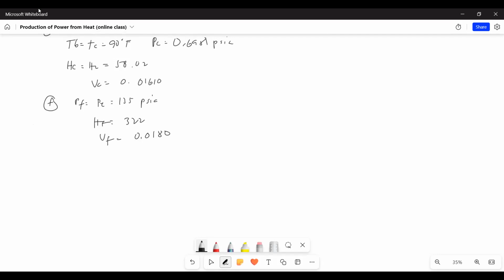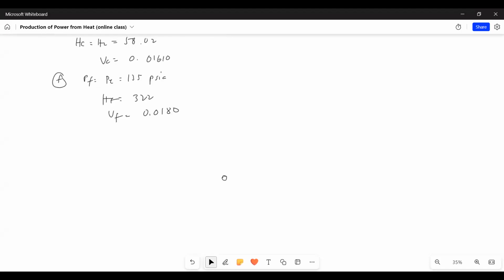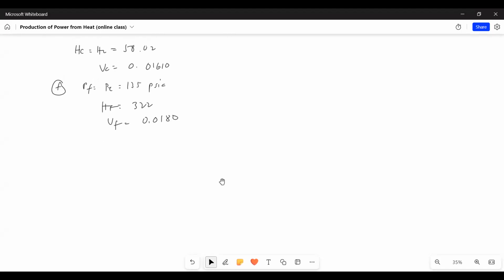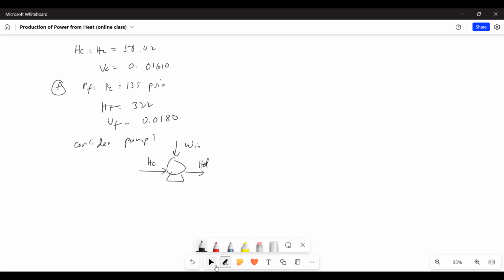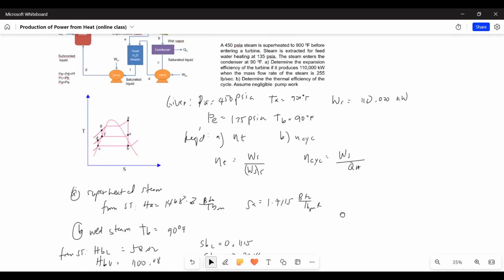Feet cube per pound. Now we consider the first pump. Consider pump 1. So let's draw the pump. For the first pump, ang inlet niya ay HC, outlet niya ay HD. Balikan natin ha, first pump. Ito yun.